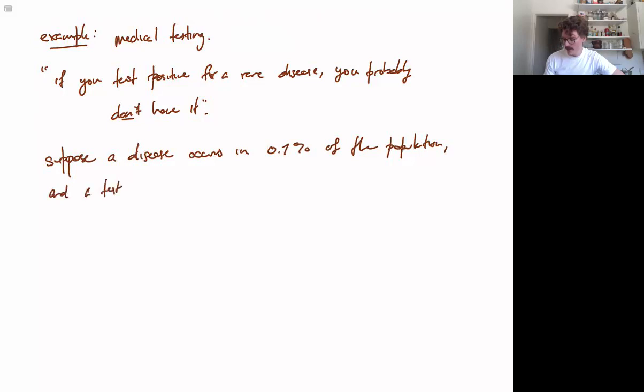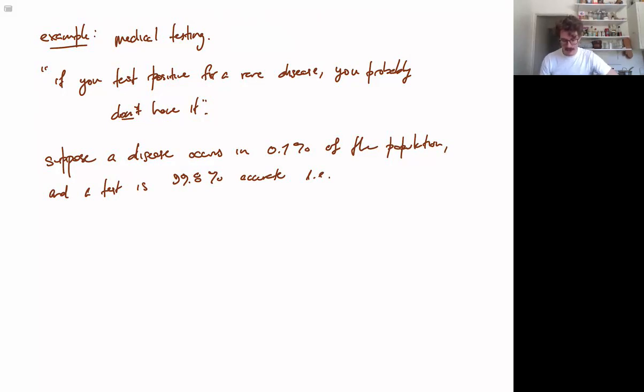And a test for this disease is 99.8% accurate, which means, so in general, there's a difference between false positives and false negatives, but we're just going to use the same number for both for the purpose of this example.